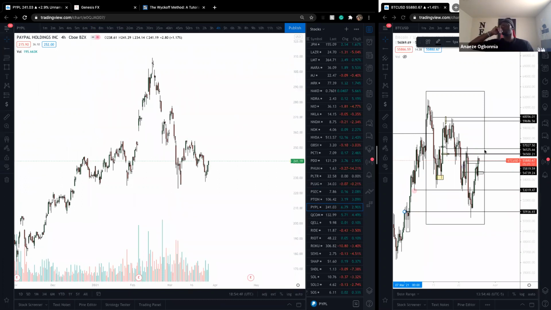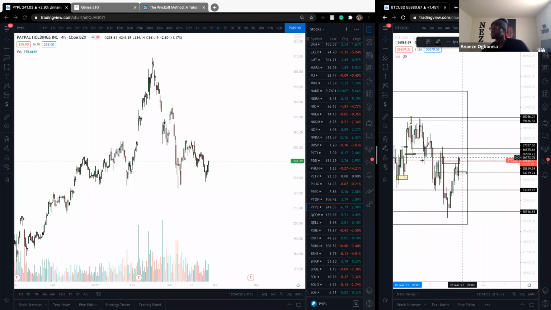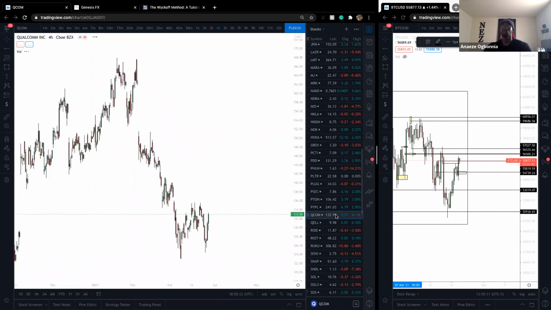So if we see price sell off, it's understandable. I think on maybe the 4 hour, there's probably an order block up here. I don't remember which caused a break of structure. So if price does sell off again and go up to 51, I won't be surprised. QCOM, this is Qualcomm.